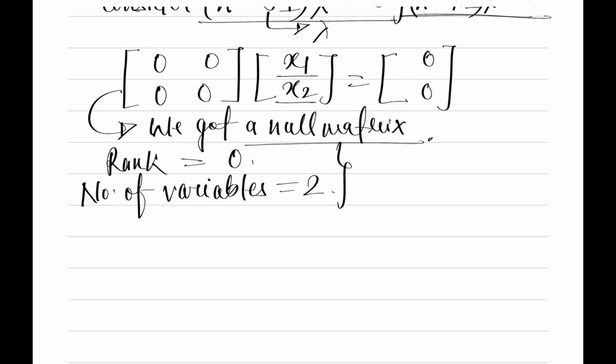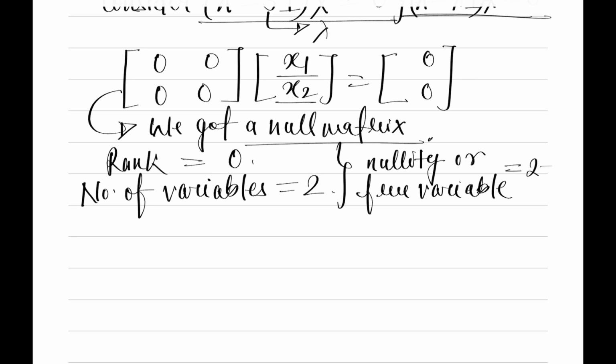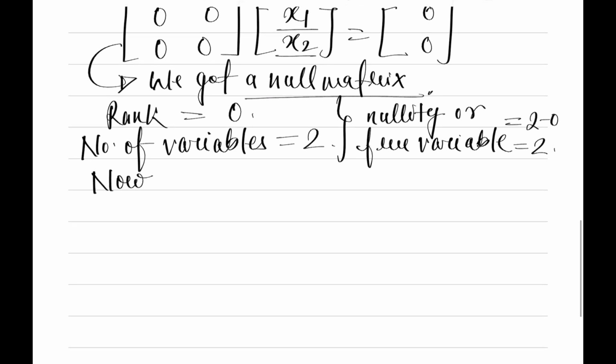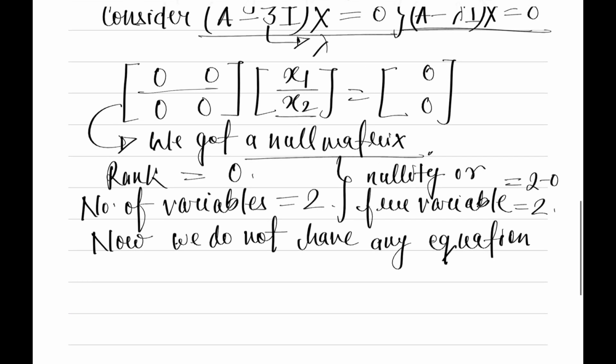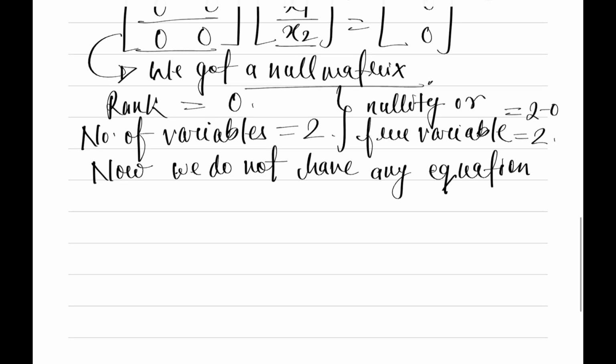Finally, nullity or free variables is equal to 2 minus 0, which is equal to 2. Now we do not have any equation, as our matrix is a null matrix.